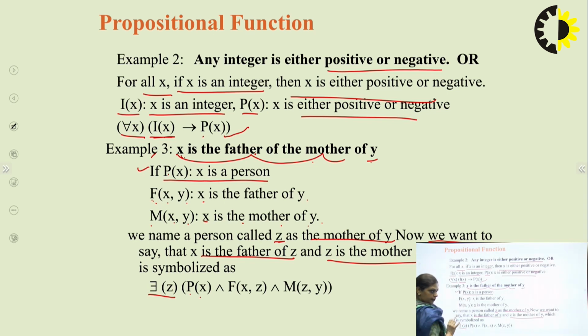Z is a person, right? If we substitute Z here, that means Z is a person. And X is the father of Z, right? And Z is the mother of Y. This way the representation can be done.